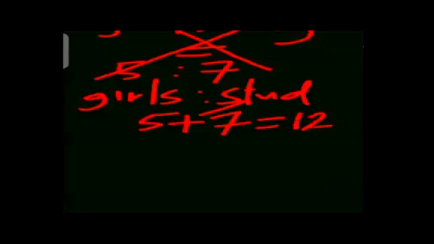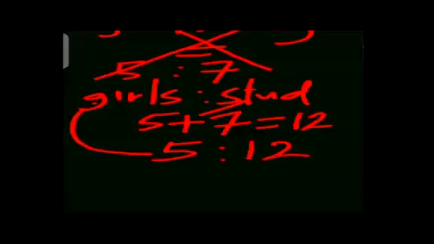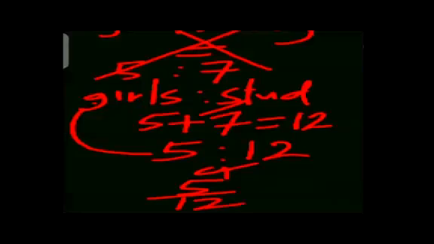So the ratio of the girls to the students will be 5, which stands for the girls, ratio 12, or you say it is 5 over 12. Better still, you can say 5 to 12. So please read the question carefully and follow the order at which the question is being asked.